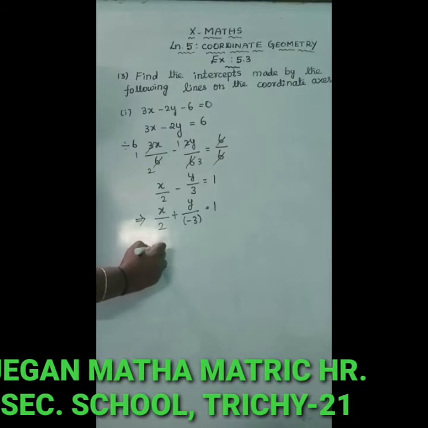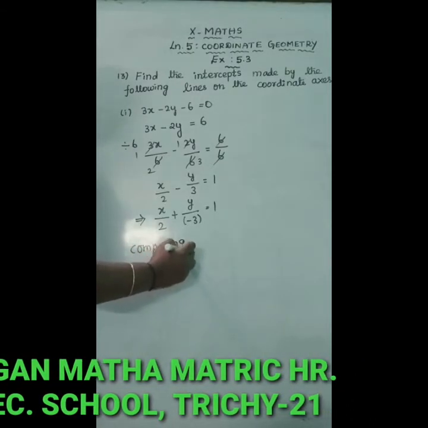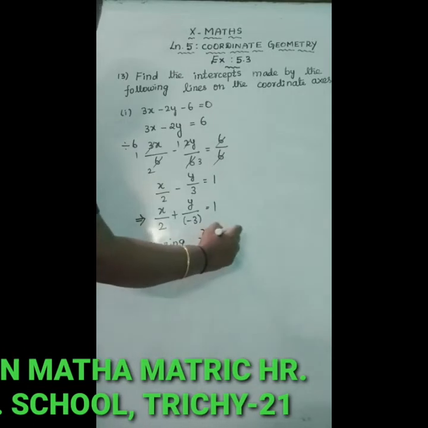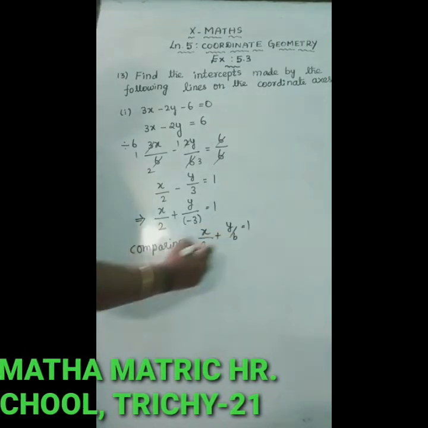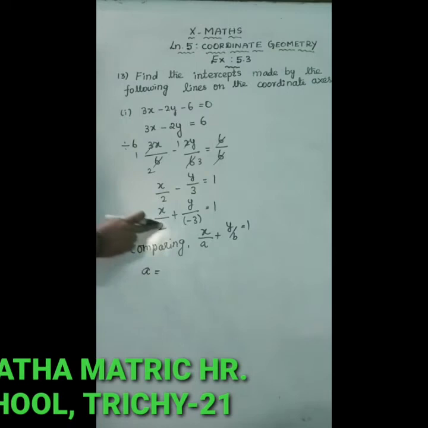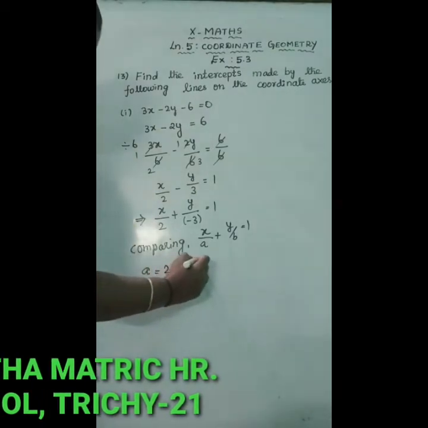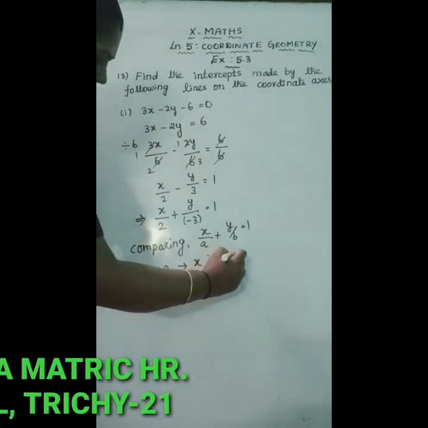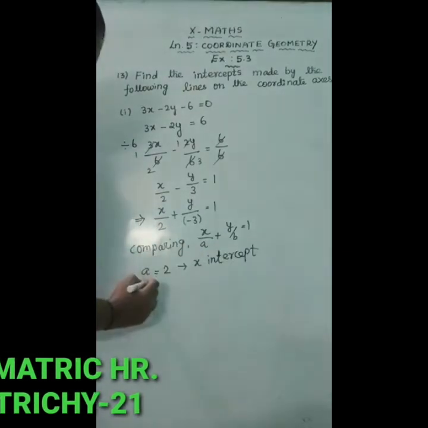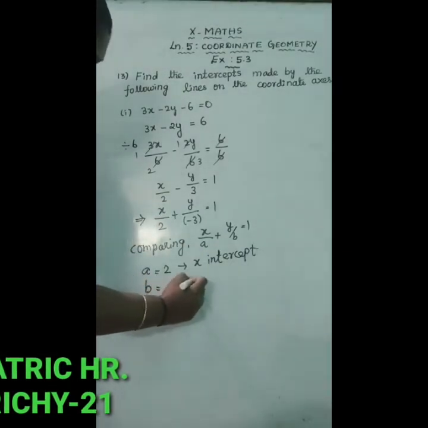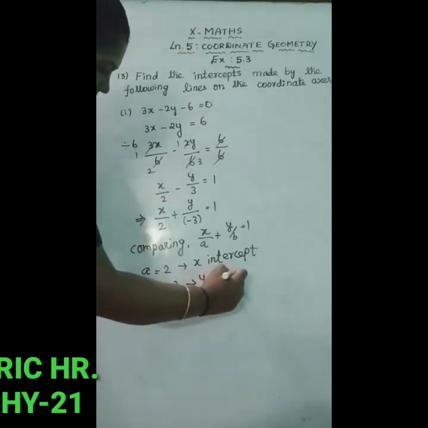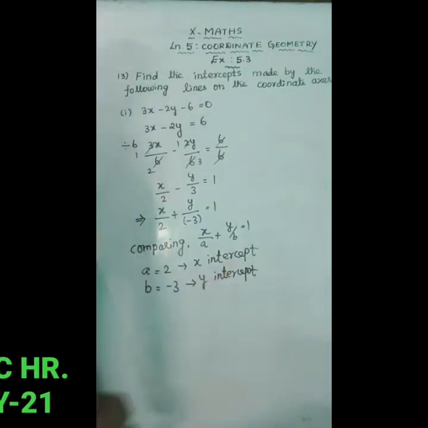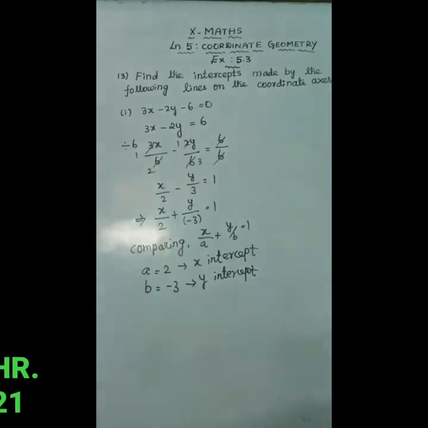So comparing with the intercept form, x by a plus y by b is equal to 1, here a is equal to 2, that is x intercept. Then b is equal to minus 3, that is y intercept. So for the line 3x minus 2y minus 6 equal to 0, the x intercept is 2 and the y intercept is minus 3.